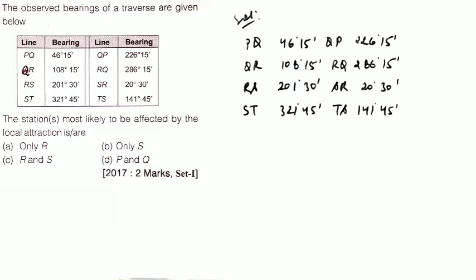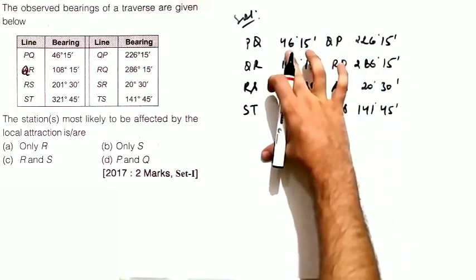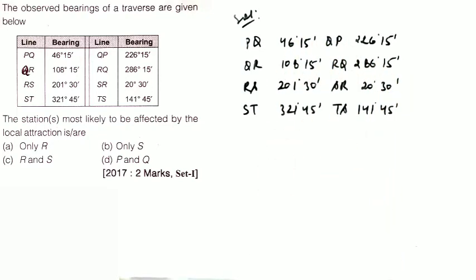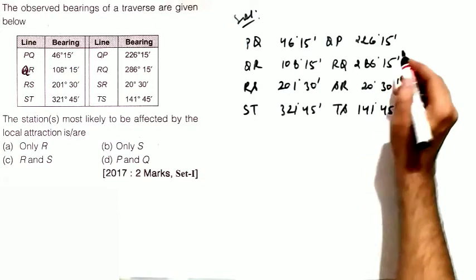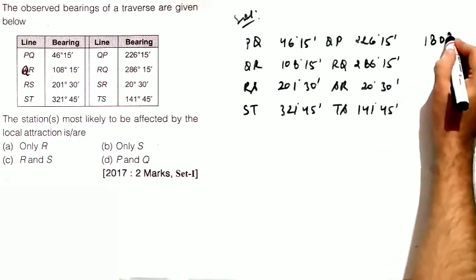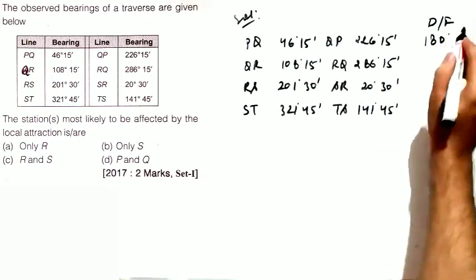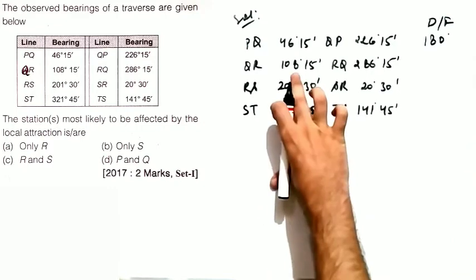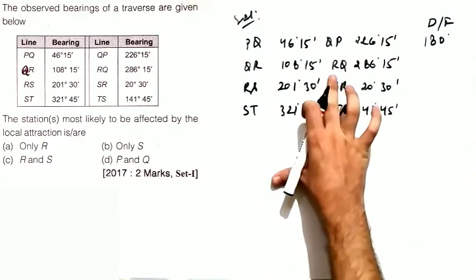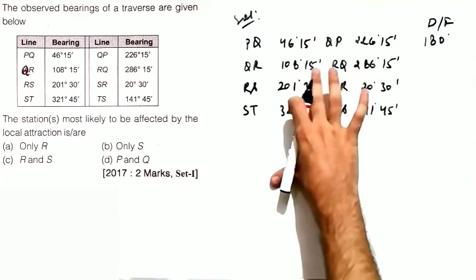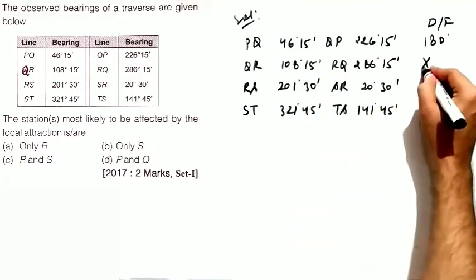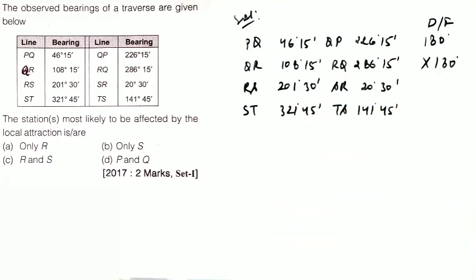Now how can you find this out? If you check the angle difference between the PQ and QP bearings, you can easily see whether the difference is 180 degree. When you check the difference of angles between these two, you will see that it is not 180 degree.